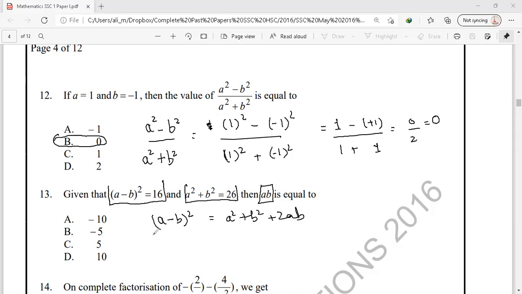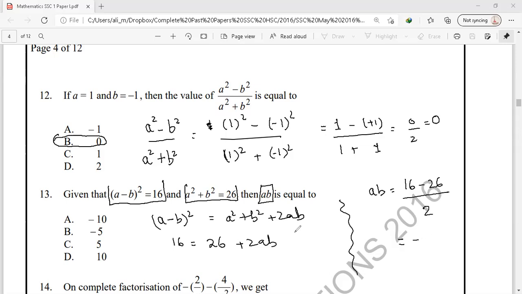The value of this whole term (a − b)² is 16, and a² + b² is 26, minus 2ab. So for the value of ab, we take this 26 to the left hand side of this equation, 16 minus 26, and −2 would be divided on the other side of the equation.